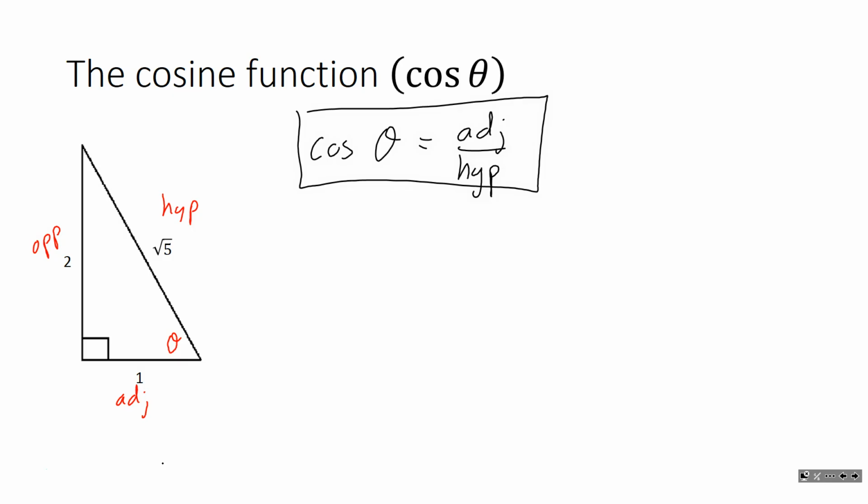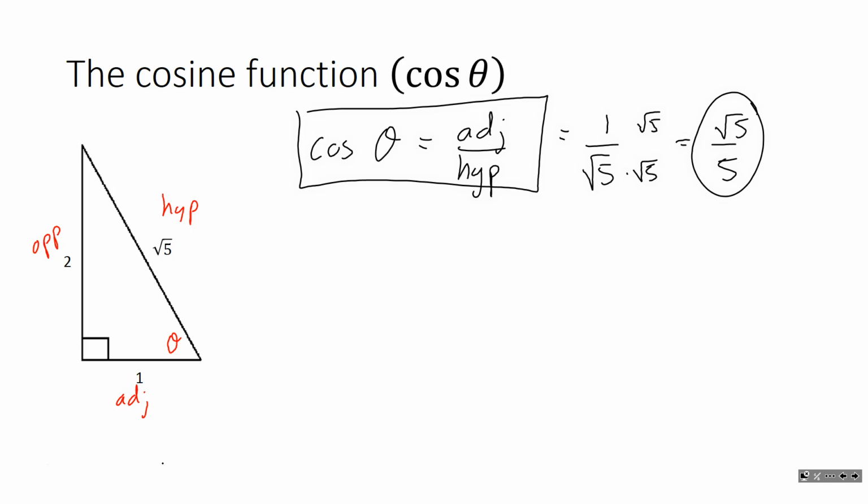Now let's take our numbers and plug them in. Our adjacent is 1, and the hypotenuse is square root of 5. Just like the previous problem, you can rationalize the denominator. It would be the square root of 5 over 5. There we are.